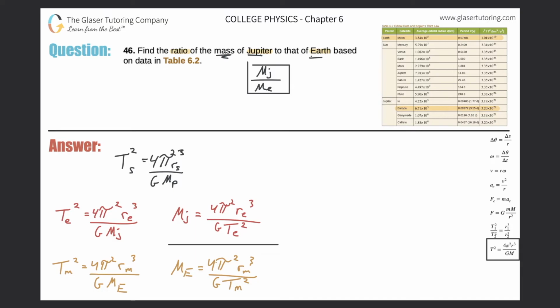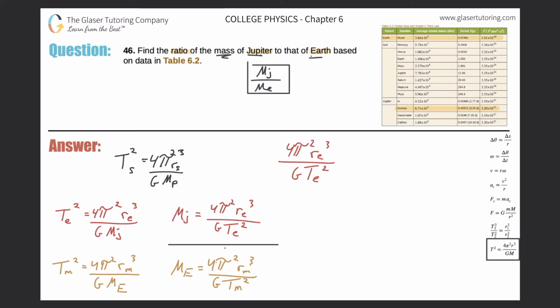Now remember, some of you might see this right off the bat, how to do the algebra. But whenever you divide a fraction by a fraction, an easier way might be to think about it as taking the numerator fraction and multiplying it by the reciprocal of the denominator fraction. So I'm going to set that up over here. It's basically going to be 4 pi squared, radius of Europa cubed, all over G times T_E squared, the period of Europa.